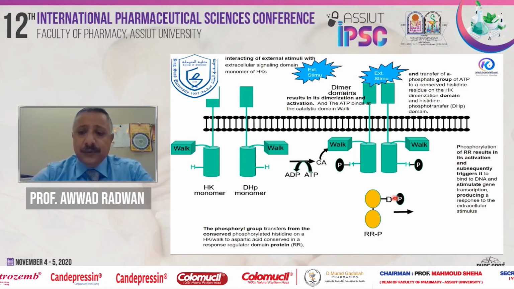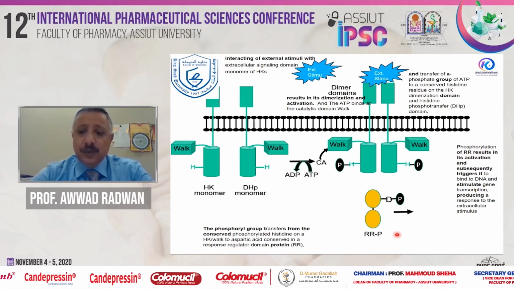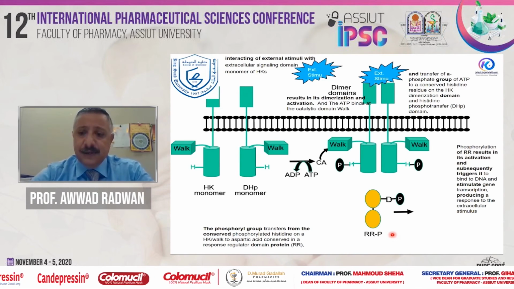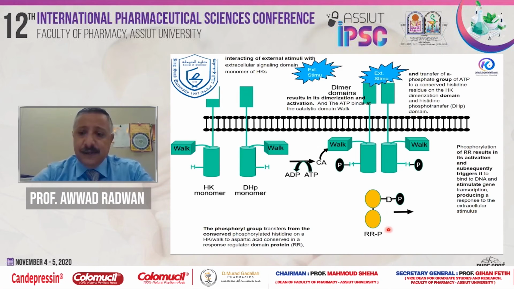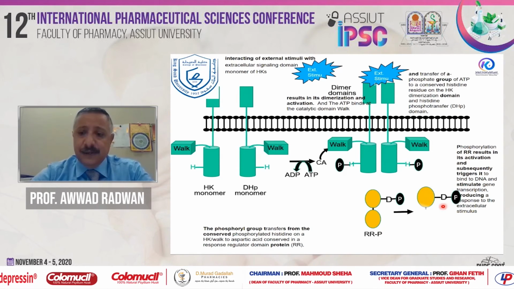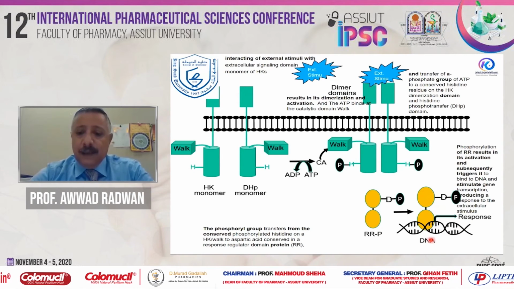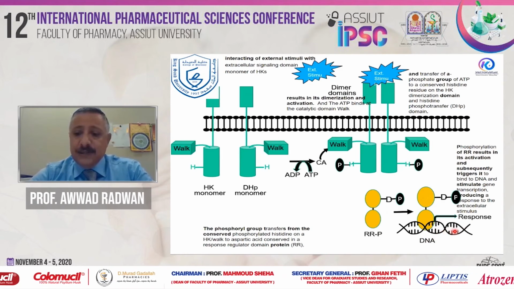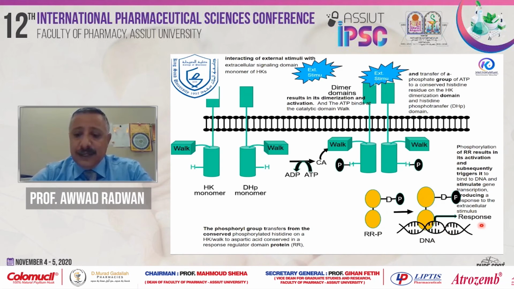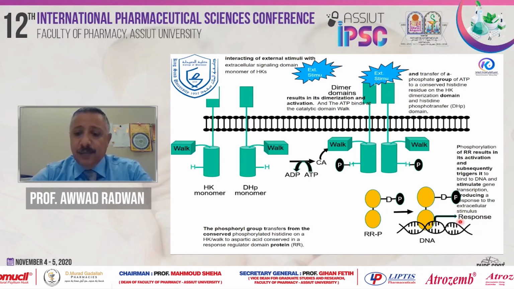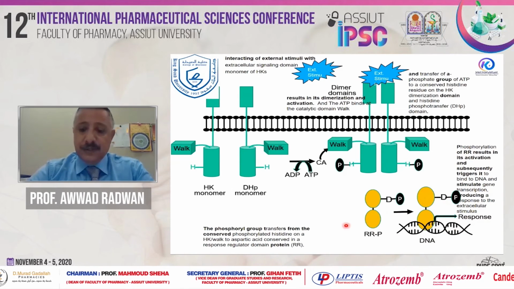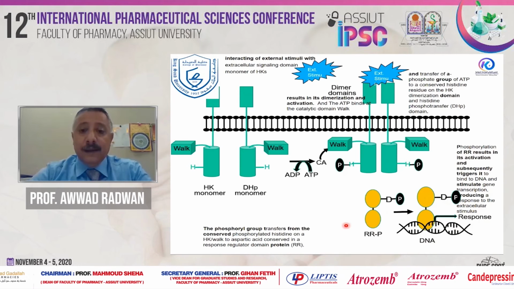Phosphorylation of the response regulator protein results in its activation and subsequently triggers it to bind to DNA and stimulate gene transcription, finally producing the response in the form of toxins and producing the infection.